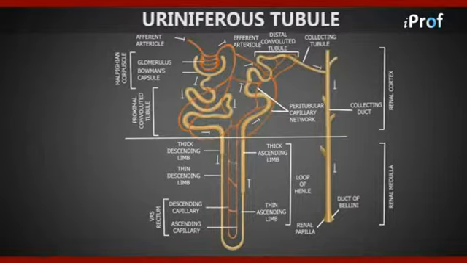so that blood capillaries form the network inner side of the secretory tubules, that is called vasa recta, and that is the DCT.